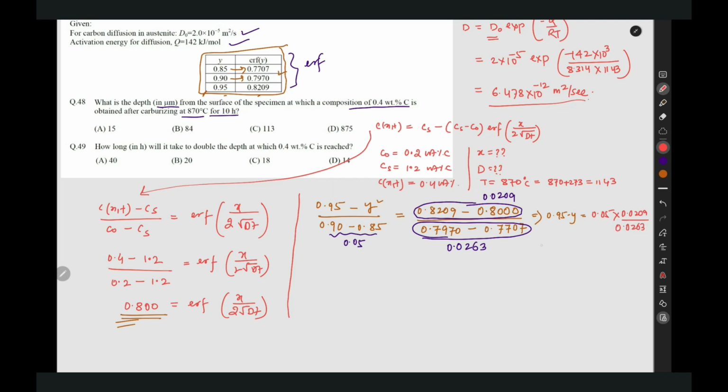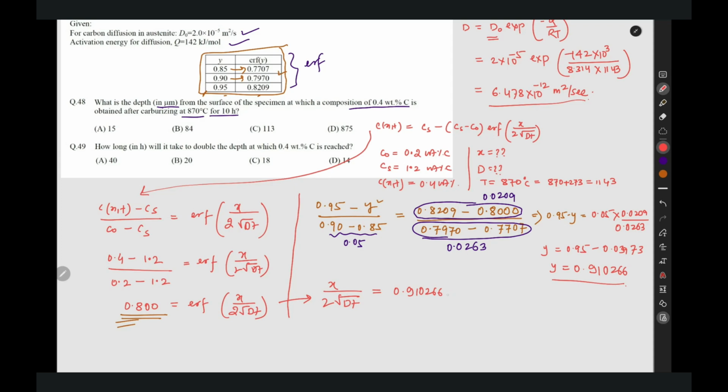Now directly we will calculate y equal to 0.95 minus 0.03973. So y will be 0.910266. After calculating this we can remove the error function and we will write x equal to 2 root Dt times 0.910266.